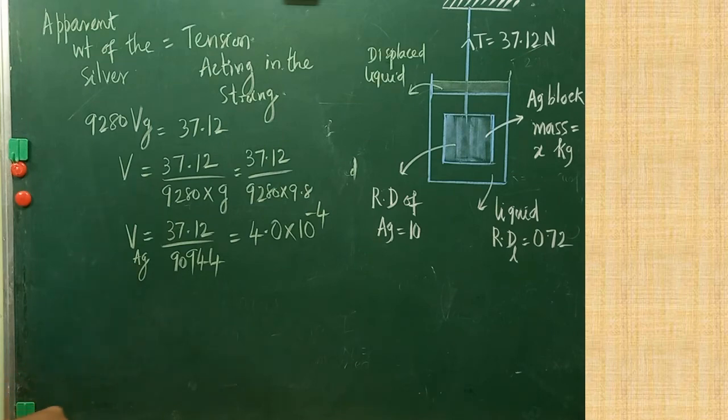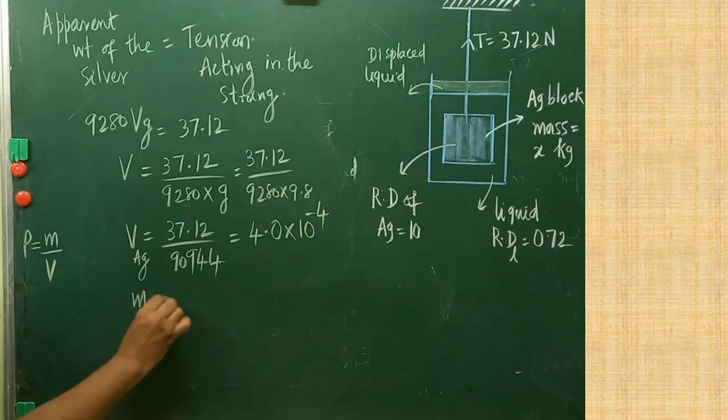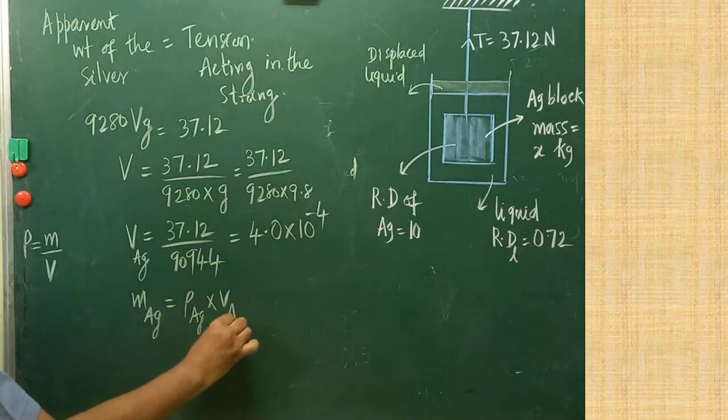From the volume, it is very easy to calculate the mass of the Ag block. Very simple. What is the formula? Again, I am introducing: rho is equal to mass per volume. Mass of the Ag is equal to rho of Ag into volume of Ag.